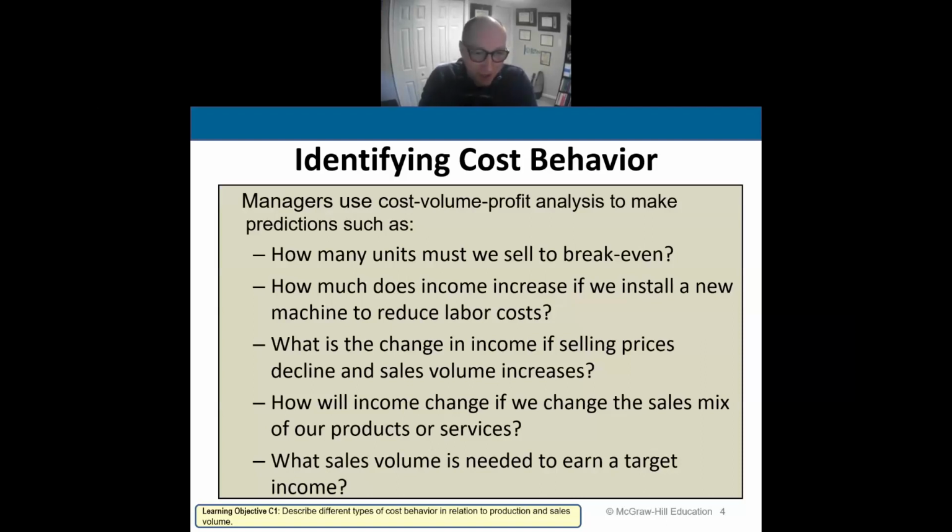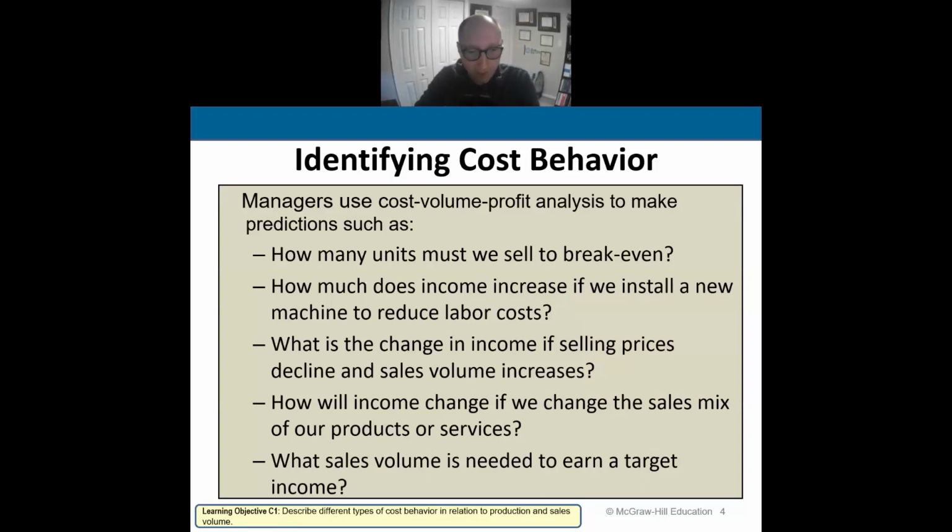We think about questions like, will my income change if we change the sales mix of our products or services? In other words, if I go from just selling this one product and I add other products or services, how will my income be affected?